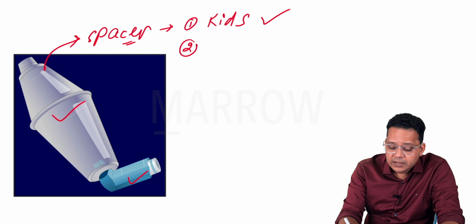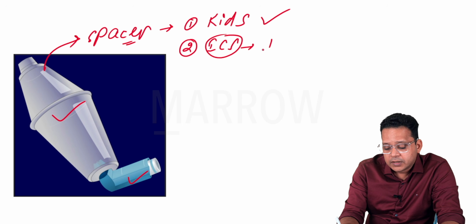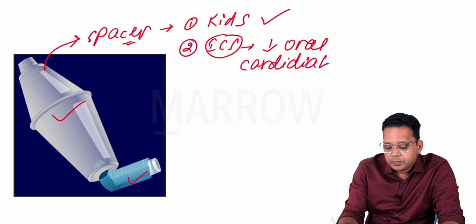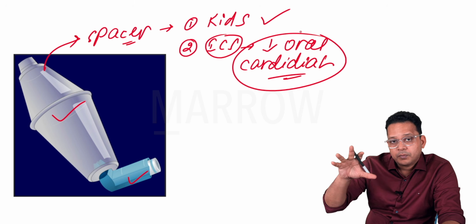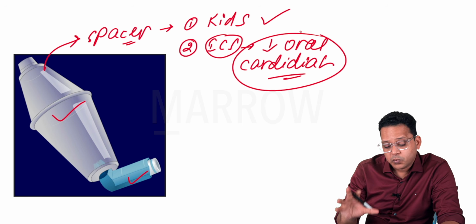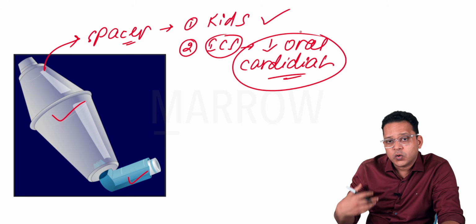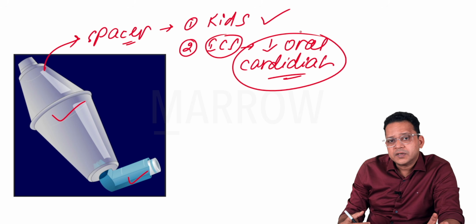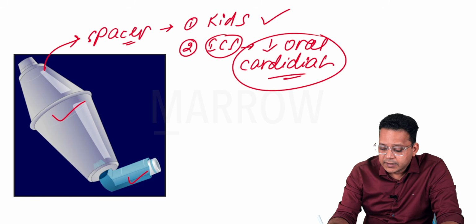Second, if I use a spacer with inhalational corticosteroids, that decreases the risk of oral candidiasis, because in this case, the steroid will get deposited more in the spacer and not in the oral cavity. So these are two benefits of spacer, right?